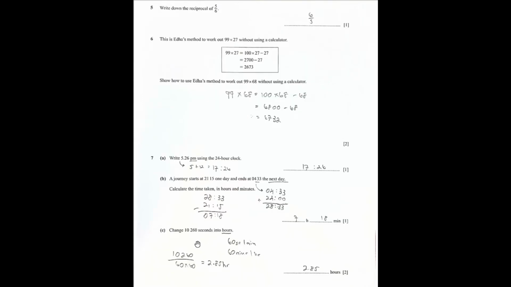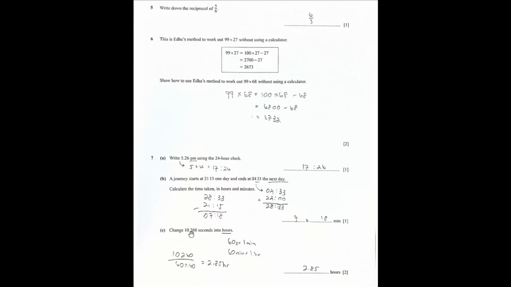So 24 hours plus 4 hours 33 will give us 28 hours and 33 minutes. Now, to calculate the time taken, we just have to take 28:33 minus 21:15, which is the start time. So the time in between is the time that was taken for the journey, which is 7 hours 18 minutes.